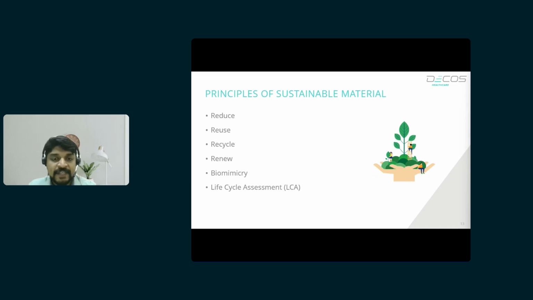The last one is life cycle assessment, LCA. It evaluates the environmental and social impact of the material throughout its life cycle, from its extraction to its disposal. This helps us identify areas for improvement and make informed choices.